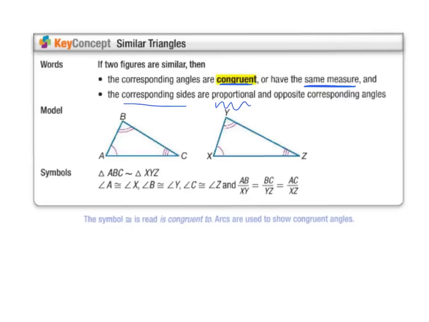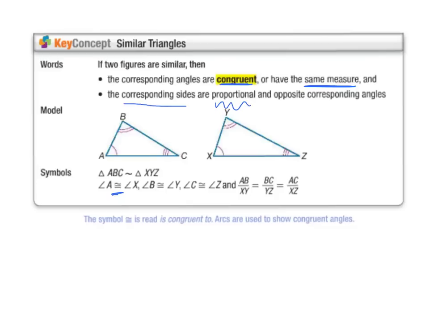So let's look at this triangle ABC and triangle XYZ. So angle A is congruent. This little symbol here means congruent. That means angle A's measure is equal to angle X's measure.